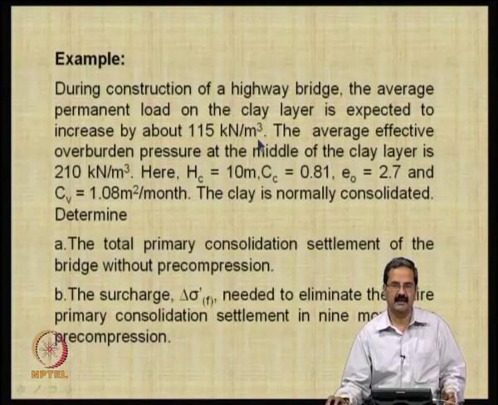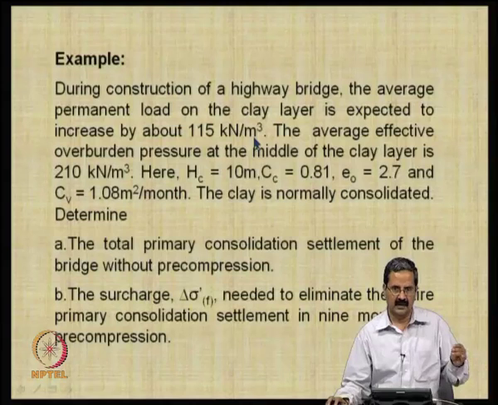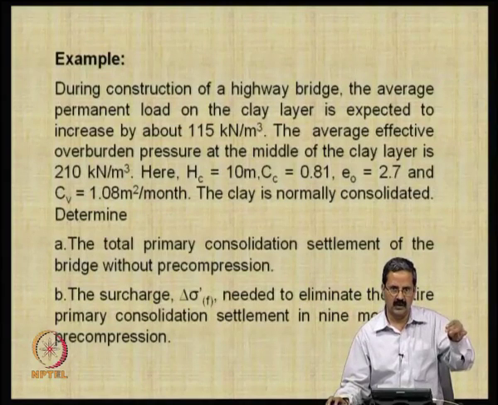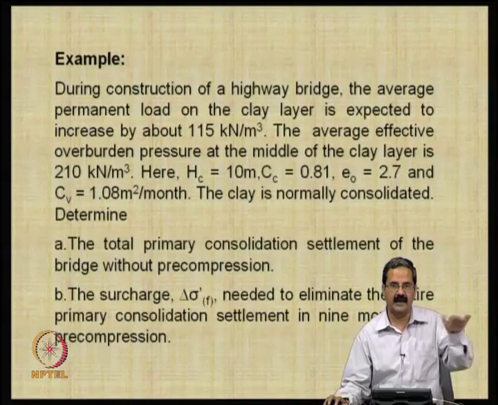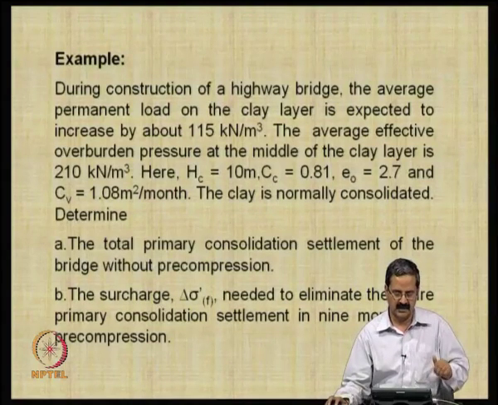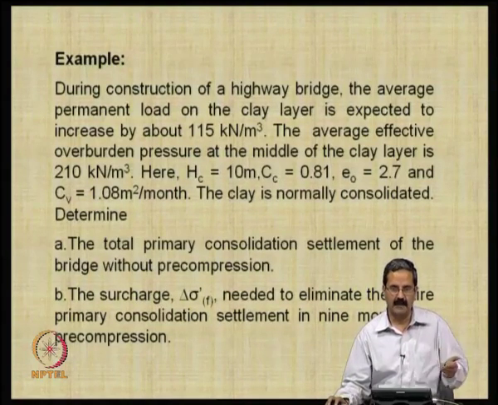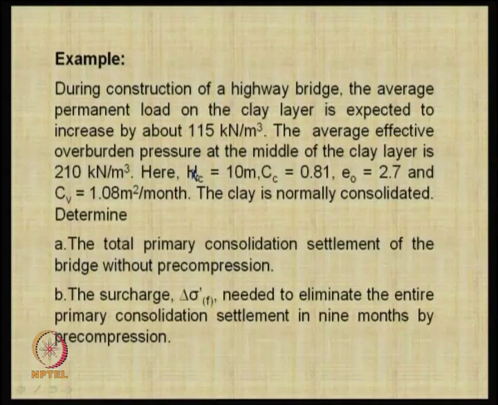These numbers can be calculated using a number of theories or elastic solutions, where you know the load, whether it is a uniformly distributed load or point load or even a triangular load. Triangular load represents the loading because of the embankment. One can calculate the extra stress that you get from the particular loading. So, at some point, say for example, you have 10 meters of the embankment, you will be able to calculate stresses at every 1 meter level.